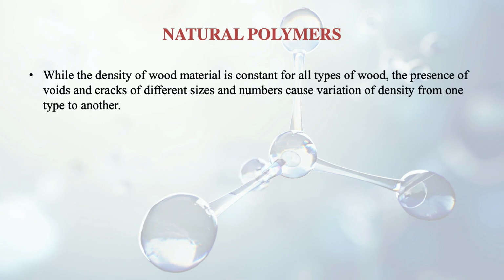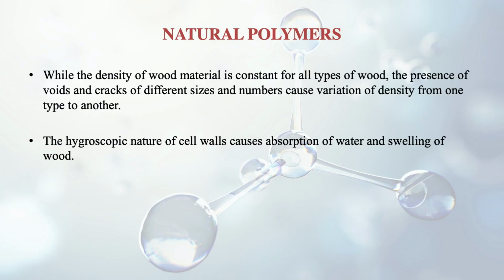While the density of wood material is constant for all types of wood, the presence of voids and cracks of different sizes and numbers will cause variation of density from one type to another. Generally we take the density to be constant, but in reality it is not so, and it can vary for different kinds of wood, like sesame wood or mango tree wood.